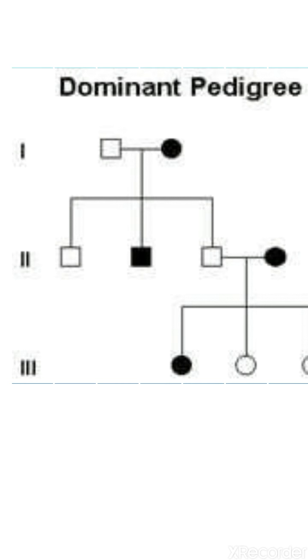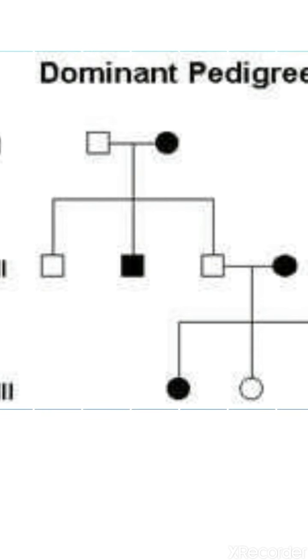As the mother is heterozygous, she also has the normal recessive gene. The father does not have the trait, so he is recessive and not showing the trait at all. As it is dominant, it is exhibited in the heterozygous condition.